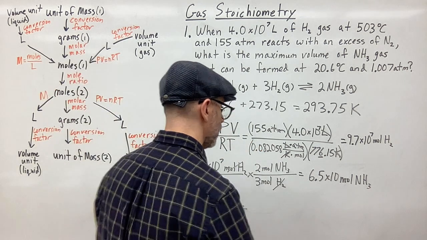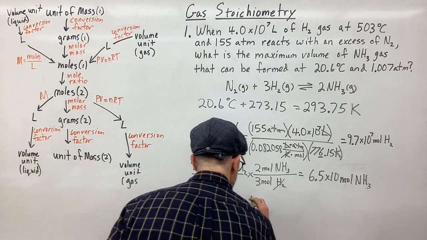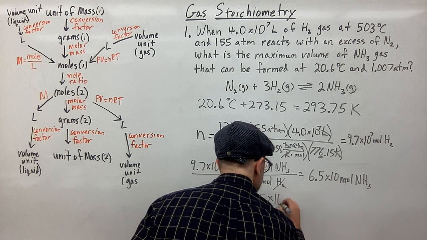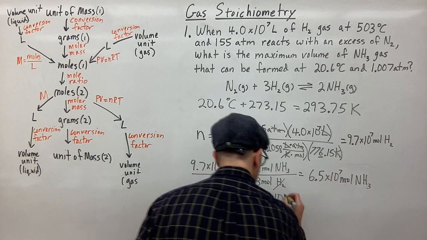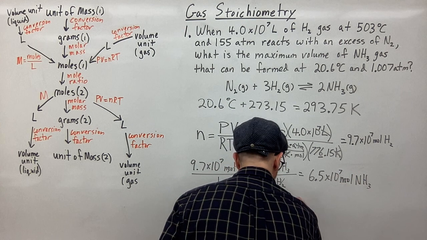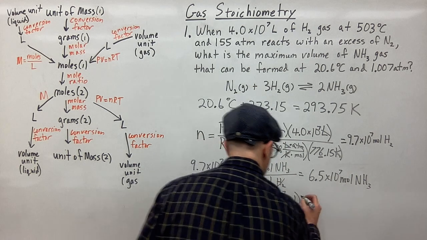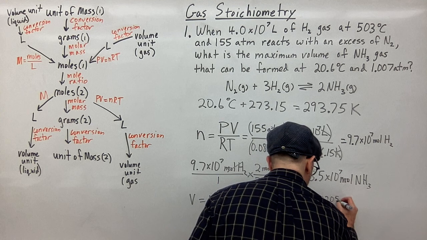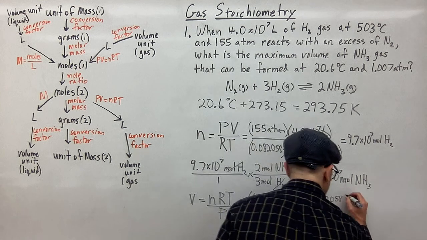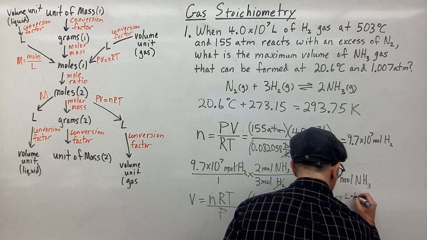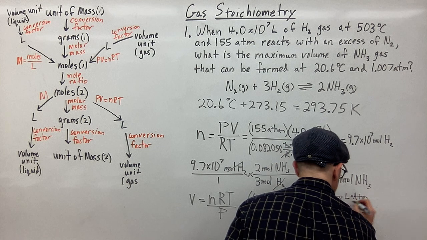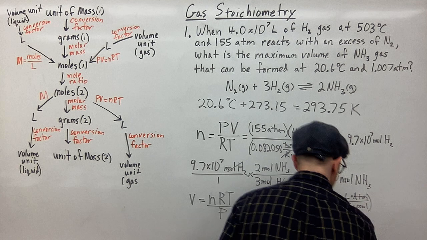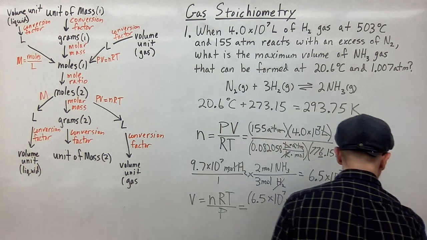We got moles of NH3, so that's going to be 6.5 times 10 to the 7 moles multiplied by R. Again, it's 0.082058, liter atmospheres over Kelvin mole, and that's multiplied by the temperature.